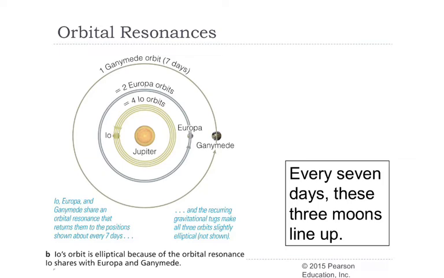And when they line up in a row, they all tend to tug on each other. And so that gravitational influence pulls on it, making that orbit more elliptical. And so for all 3 of these moons, we get that tidal heating that compresses and stretches them out. So they all have a fairly high elliptical orbit.